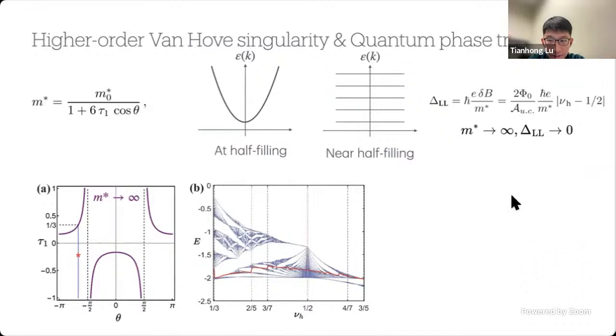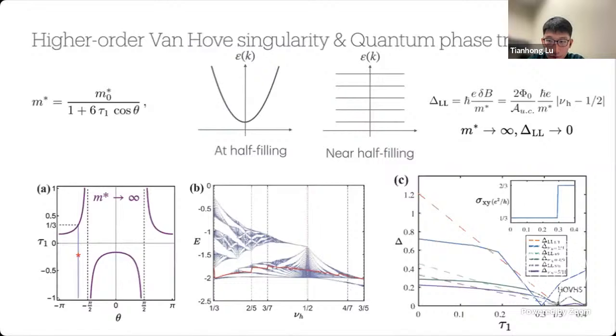To test this scenario, we plot the composite fermion gap at 1/3, 4/9, and 5/11. There are two types of curves. The solid curves are the actually measured composite fermion gap, and the dashed lines are predicted by the Landau level energy splitting.